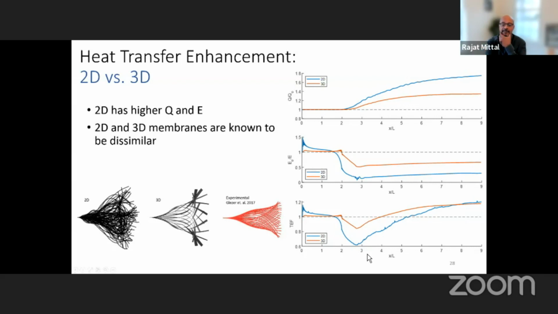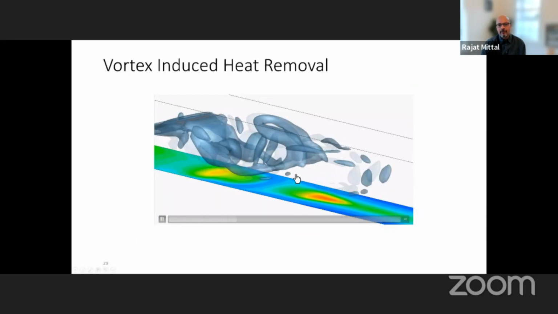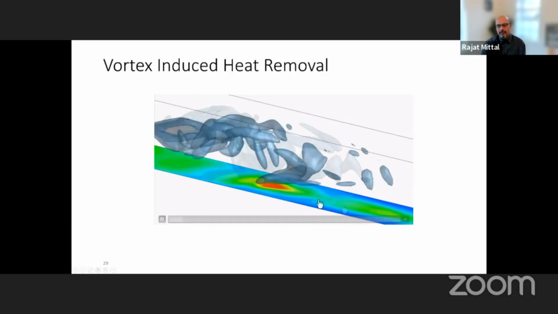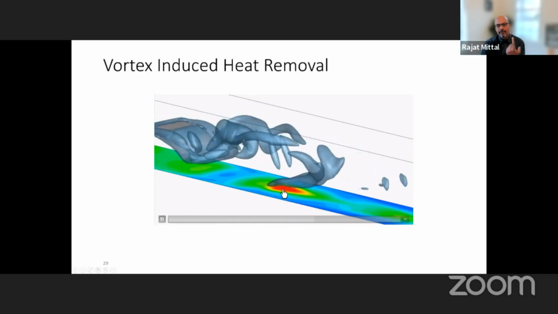So basically in this project, we were able to demonstrate that flow-induced vibration is a potential solution for enhancing heat transfer, especially when the Reynolds numbers are low enough such that turbulence cannot be a modality for increased mixing. In terms of the mechanism, what we were able to show also is that these contours you're seeing on the lower wall are contours of heat flux.